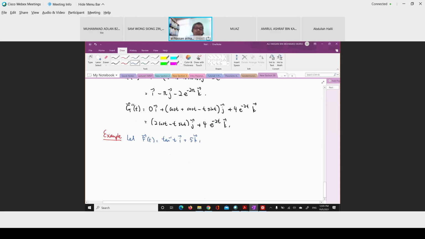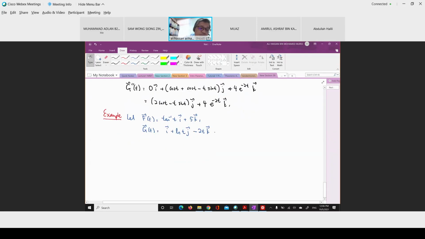There is no vector j here, so the coefficient of vector j is 0. And let the vector function G equal i plus ln t j minus 2t k.